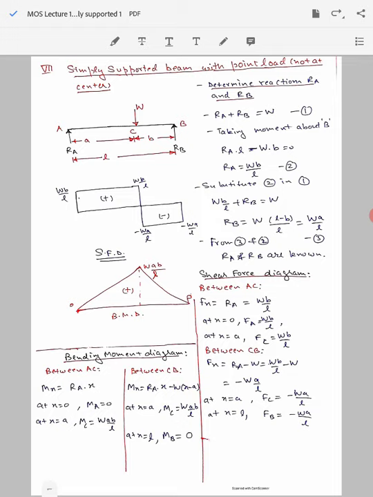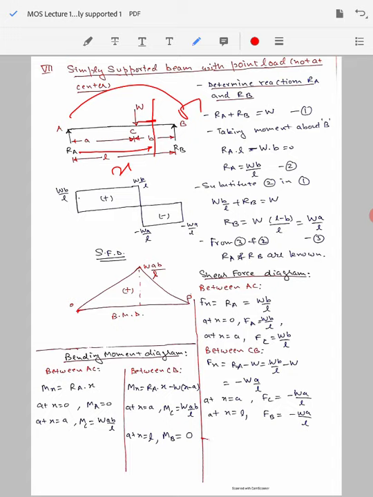Now I write the equation for the bending moment between portions C and B. So I assume the beam to be cut somewhere between C and B. Now this is my x. The first moment that will be acting will be RA into x in a clockwise fashion. Then there will be a moment because of the applied point load W, and that will be W multiplied by the distance between the cut section and the point where the load W is applied.